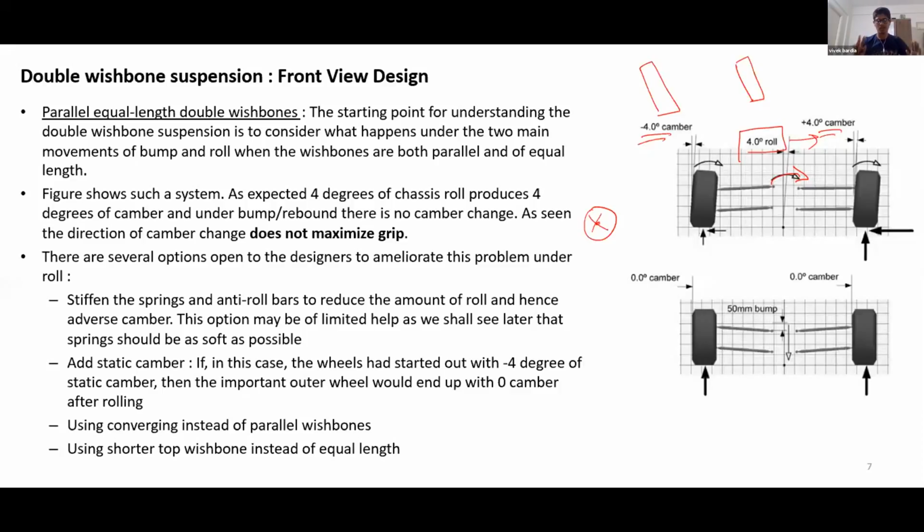If you devise a suspension which has equal links, you would have a large amount of camber, 4 degrees of camber, which is a lot of camber. But you have a camber which is in the wrong direction. So instead of helping you with performance, this kind of suspension during cornering will actually decrease your performance, right?